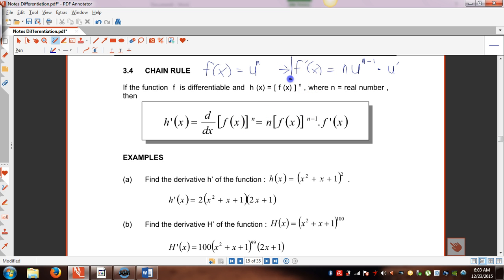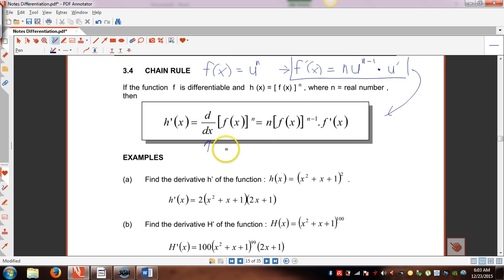This is actually the same formula, but in simpler notation. If you are familiar with u, you can use this; if you're familiar with d over dx, you can use that. It's quite simple: n times u to the power of n minus 1 times u prime. Please make sure you multiply with u prime.